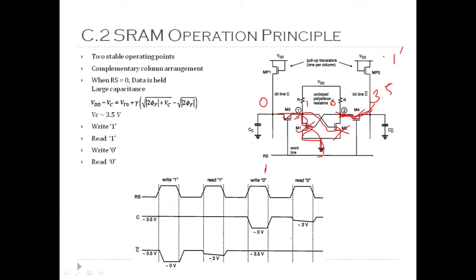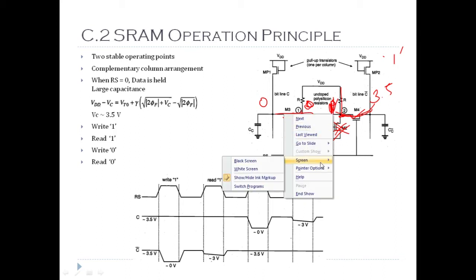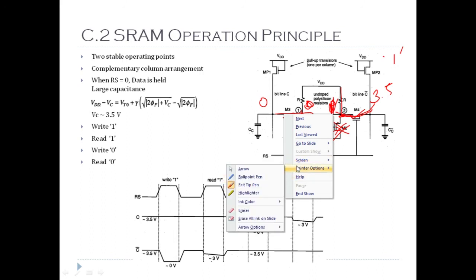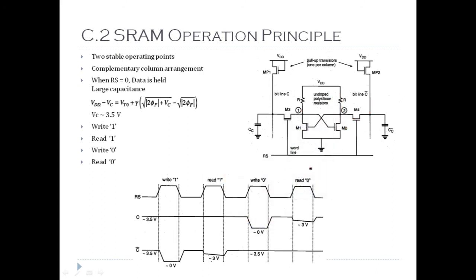As it is in cutoff state, there exists no path between this point and ground, so it is pulled up to logic 1. So now it stores 0, because there exists a small resistance path over here, and this is pulled up to 1. So this becomes 0 and this becomes 1. So this is how the 0 can be written into the cell, right?